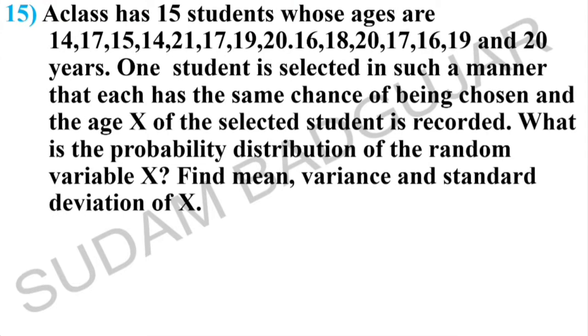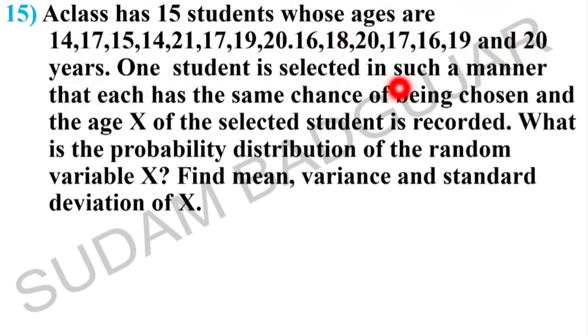Next question is question number 15. A class has 15 students whose ages are 14, 17, 15, 14, 21, 17, 19, 20, 16, 18, 20, 17, 16, 19 and 20. See, the 15 students are of different age groups.